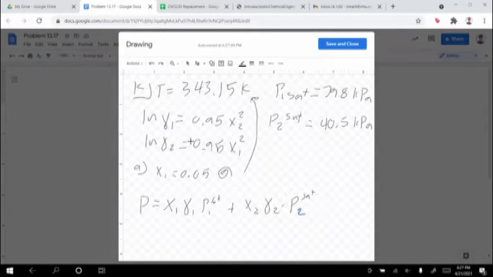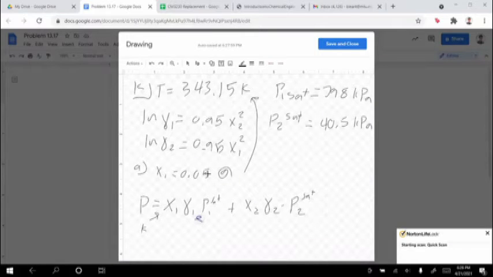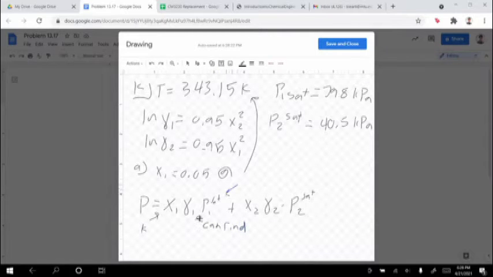So what do we know from here? So we have x1, this is known. We have y1, which we can find. We're given our saturation pressure.